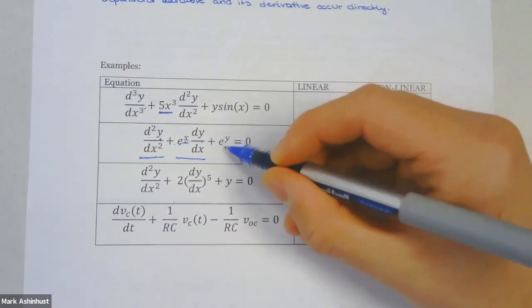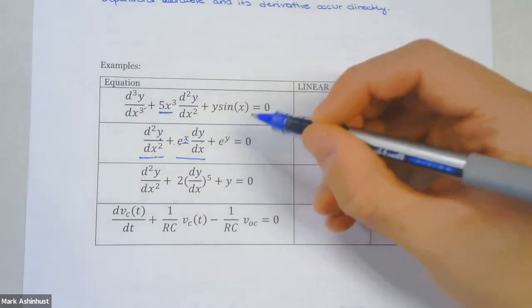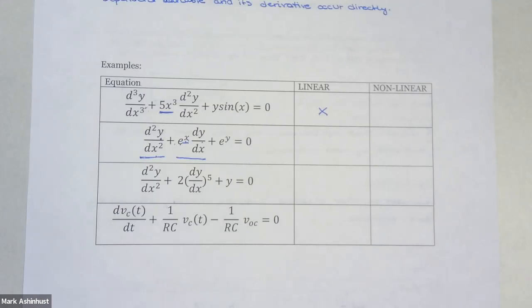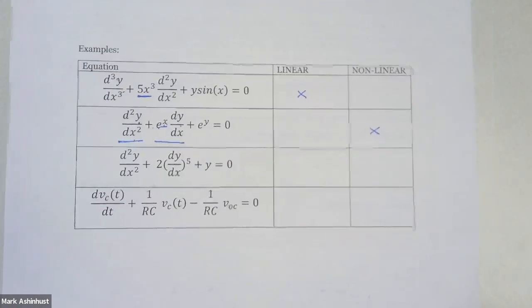And now the last one, would e to the power of y make this nonlinear? You think so? No. This would break linearity. Because if you think of it, it would basically make it exponential rather than polynomial, just kind of going up the list of it. So this actually would be nonlinear, which is a good example to look at because at first glance you wouldn't think so either.